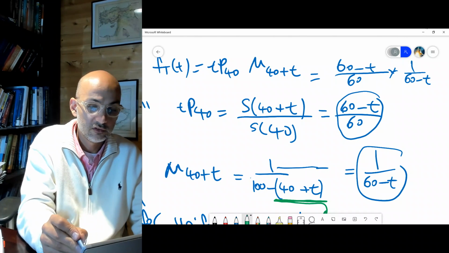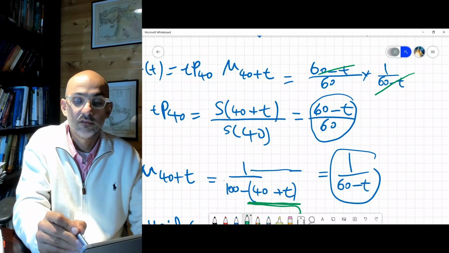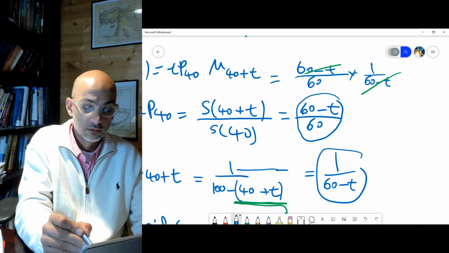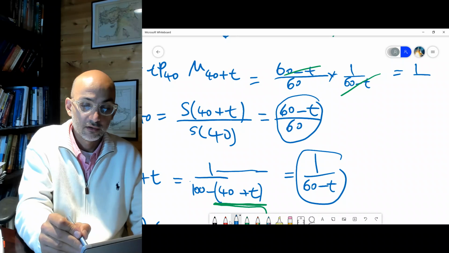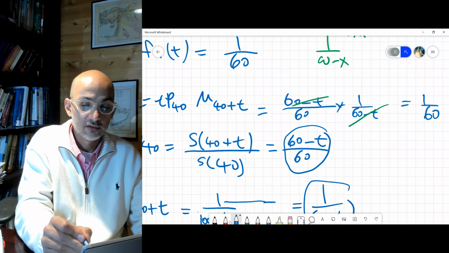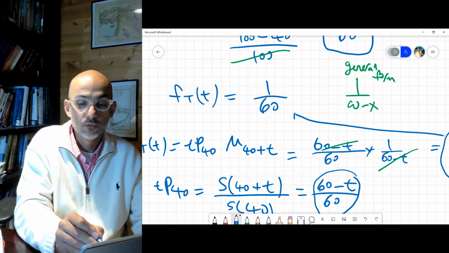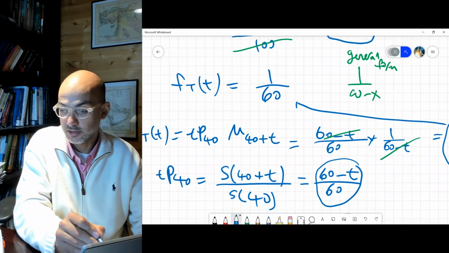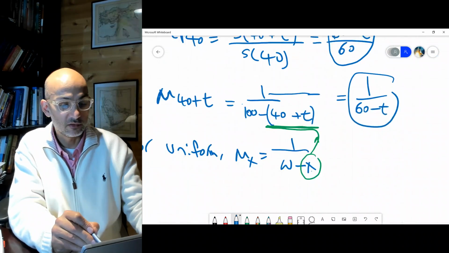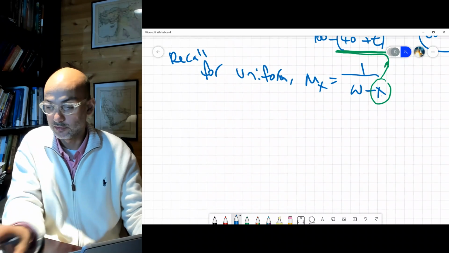We cross these together. What is left is 1 over 60, and this is exactly like this one, which is exactly 1 over omega minus x, right?